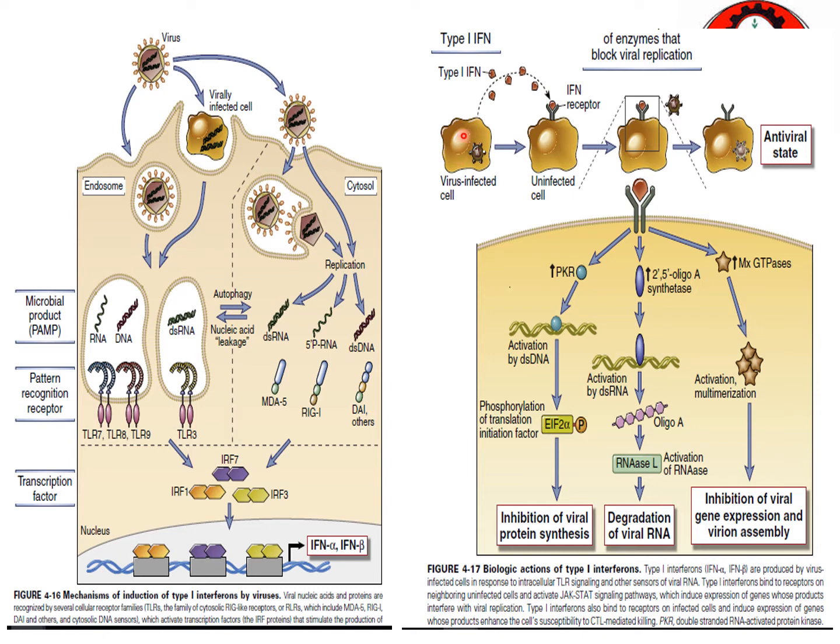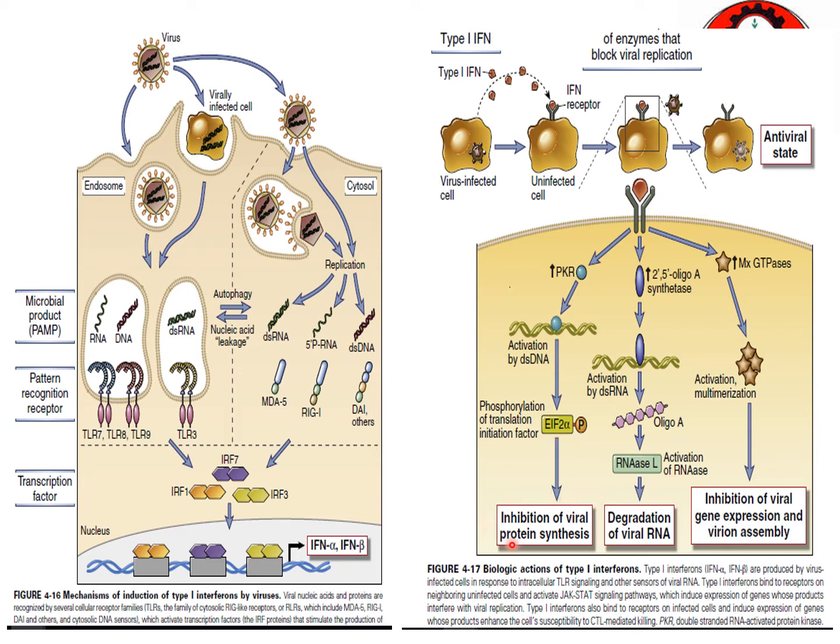Once the interferon is activated and released from this virally infected cell, it's going to bind to the receptor on the uninfected cell, and this is going to lead to phosphorylation of translation initiation factor, elongation factor 2 alpha, and activation of RNases.